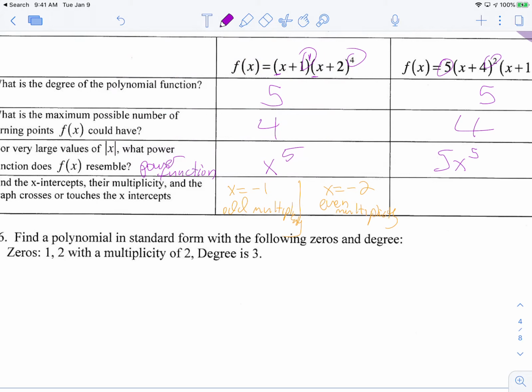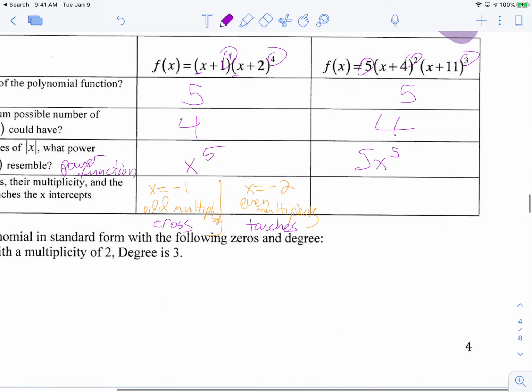And since it's odd, it crosses, and since it's even, it touches. Over here, this would be x equals -4, and that's even multiplicity. This would be x equals -11, and that's odd. This touches, this crosses.